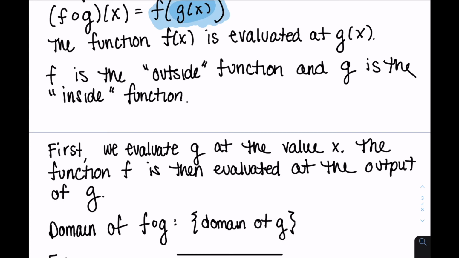So you look at the domain of g, or whatever your inside function is. Then look at the composite function once you simplify it, and see what its domain is. The intersection of those two will be the domain for the composite function.